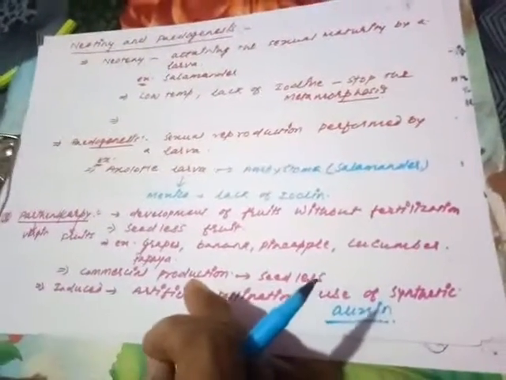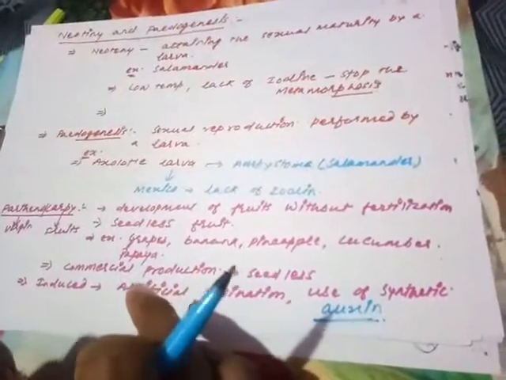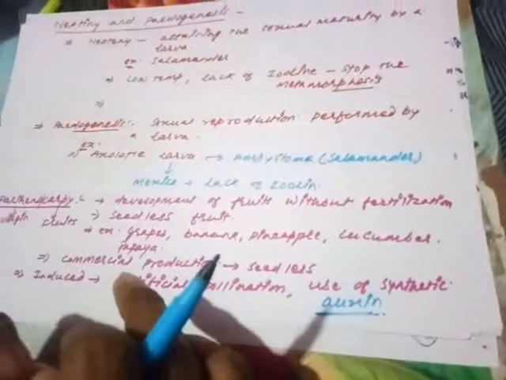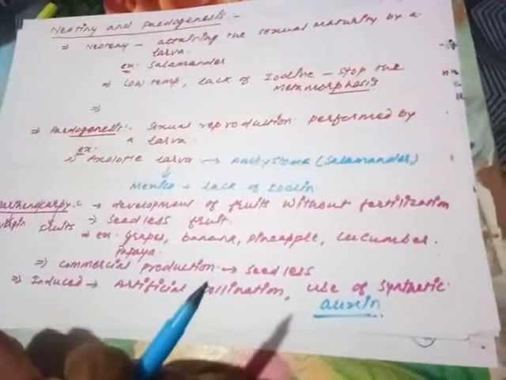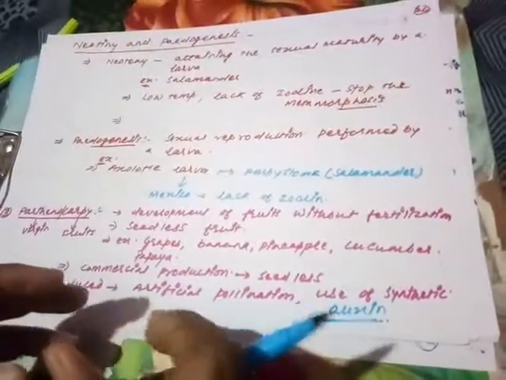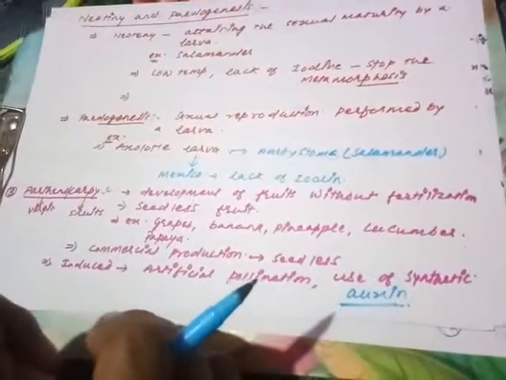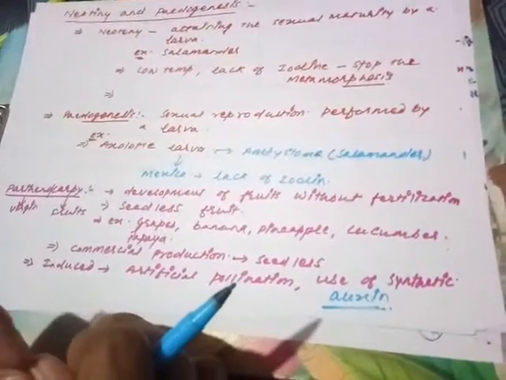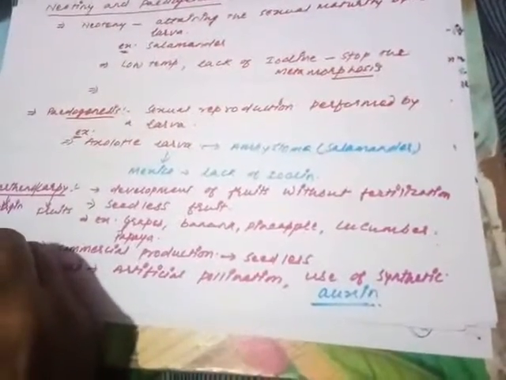Finally, in plants we have observed that sometimes fruits may develop without fertilization, and if the fruits develop without fertilization, they remain seedless. So the seedless varieties of fruits we have are basically developed due to parthenocarpy, and these fruits are called parthenocarpic fruits.